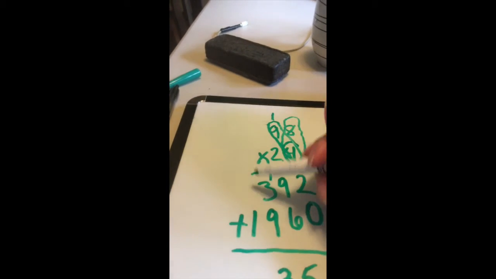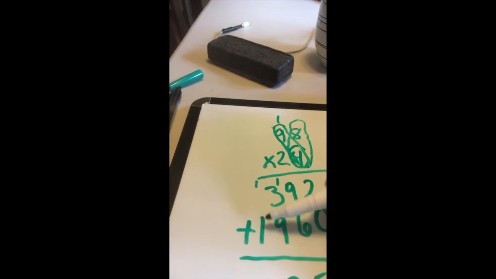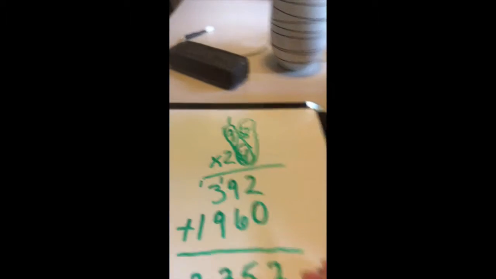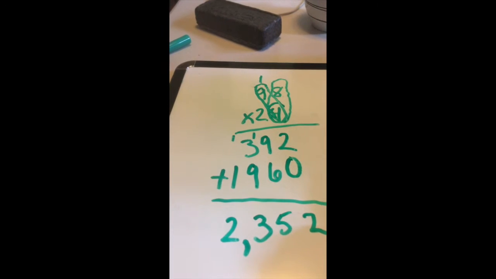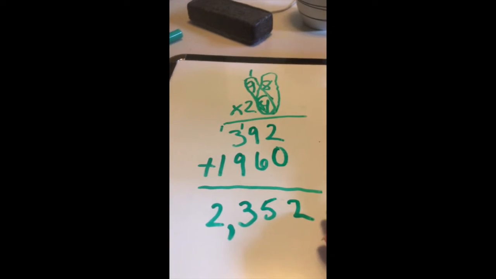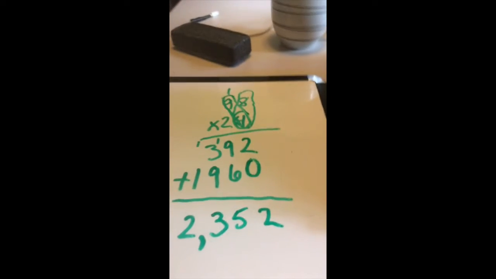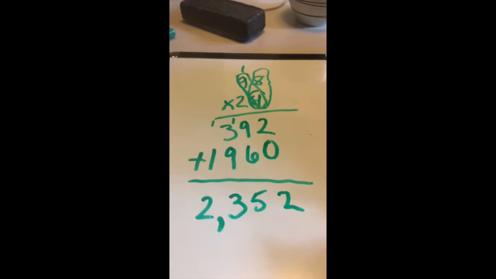And that poor 1, he has to get carried over again. And then we do 1 plus 1, which gives us 2. So in the end, 98 times 24 gives us 2,352.